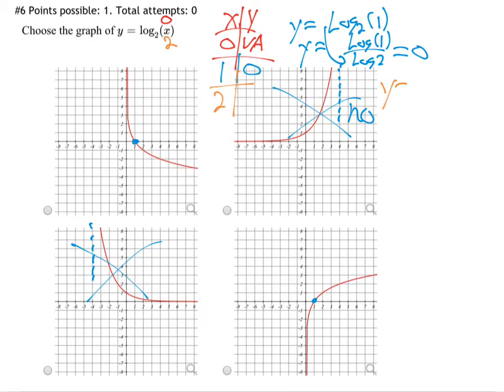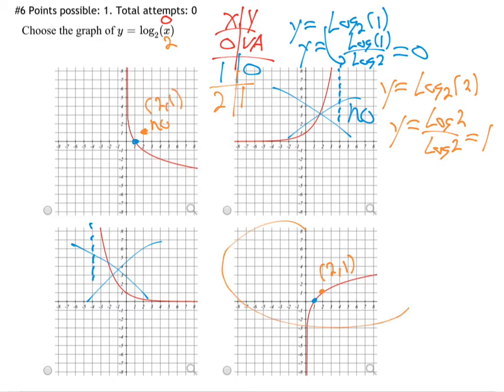So we get y equals log base 2 of 2, which is log 2 over log 2, which is 1. Over 2 up 1, right there. It's that one. This one over 2 up 1, no, it's not hitting that point at 2, 1. So this is our answer. That's what it must look like.